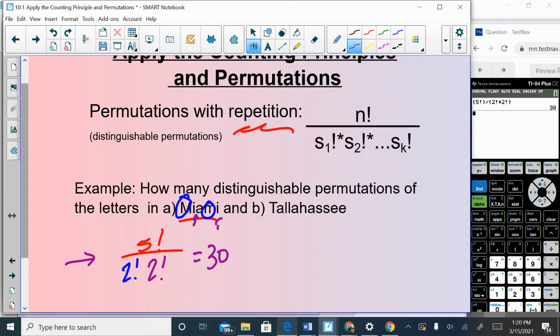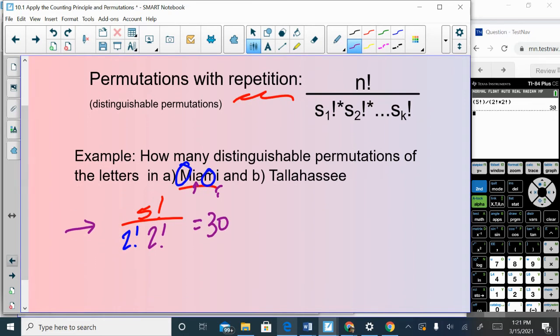Let's do the same thing for Tallahassee, just for fun. This would be a good one for you to pause to try it out. In total, there are 1, 2, 3, 4, 5, 6, 7, 8, 9, 10, 11 letters in the word Tallahassee. And then for every repeated letter, the number of times it's repeated, factorial, goes in the denominator.